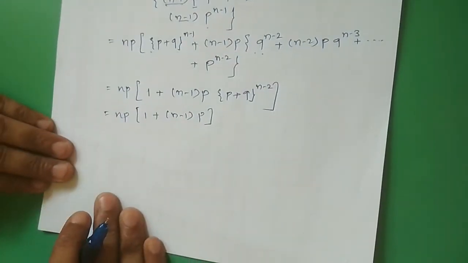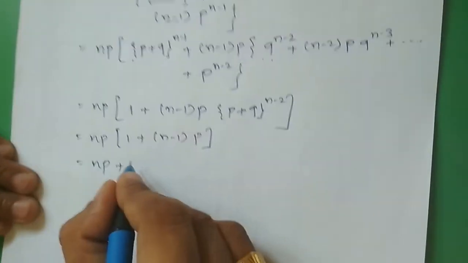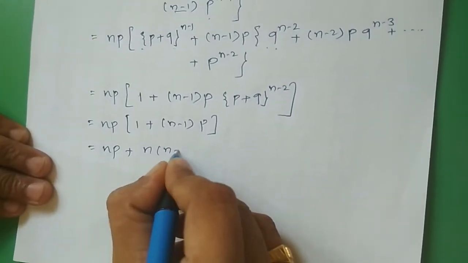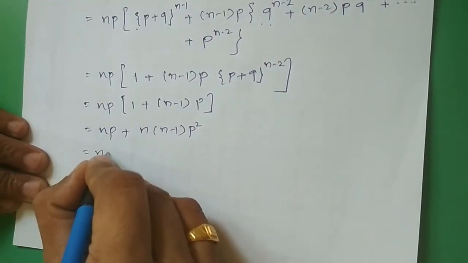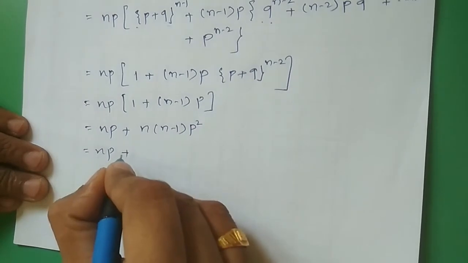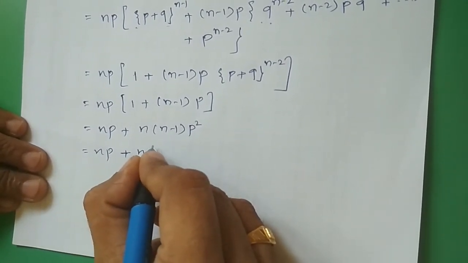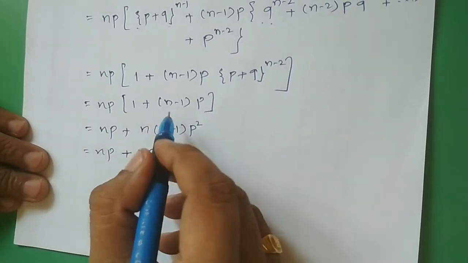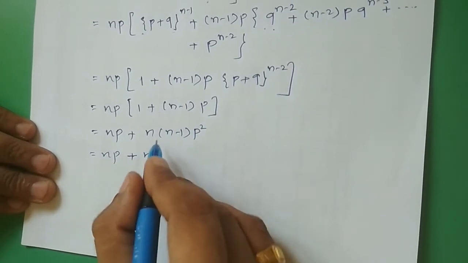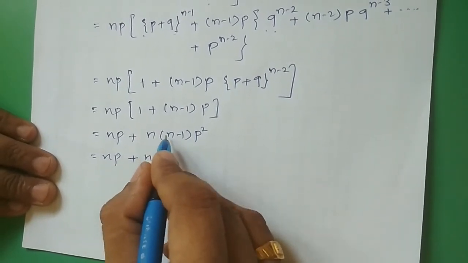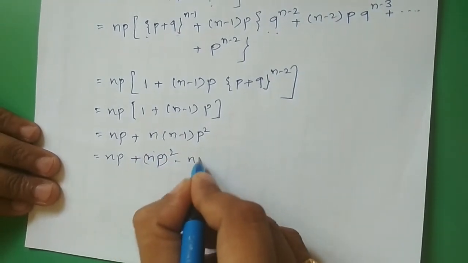If you simplify this, what will we get? It's np plus n into n minus 1 into p square, right, and if you simplify this further, you will get np plus n square p whole square, minus n p square.